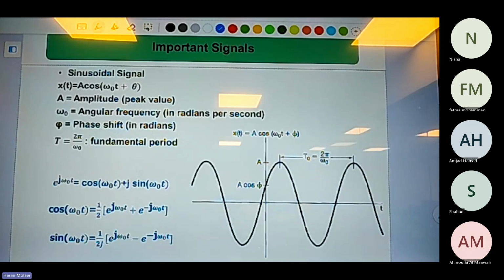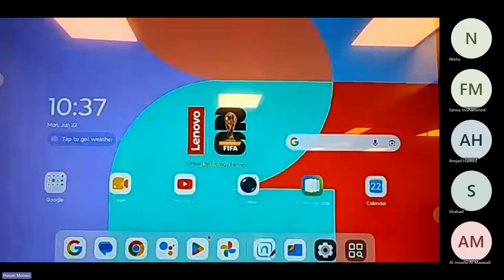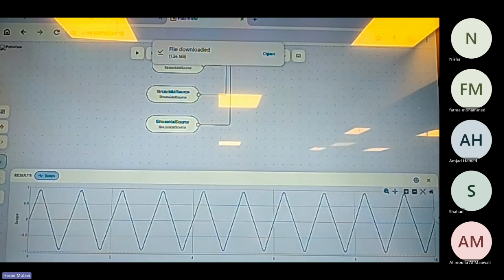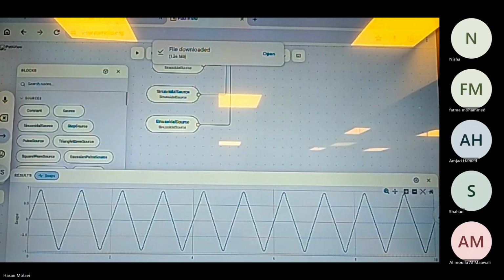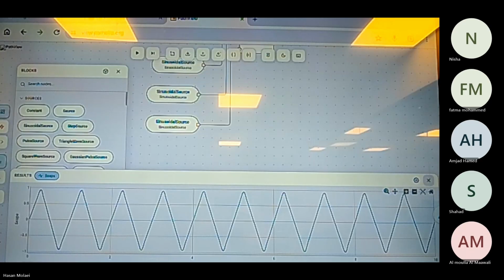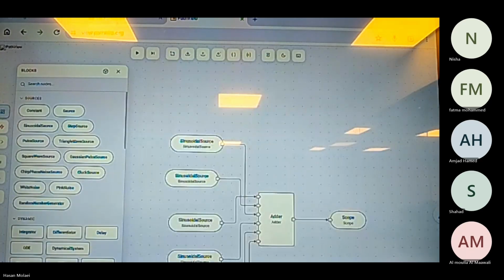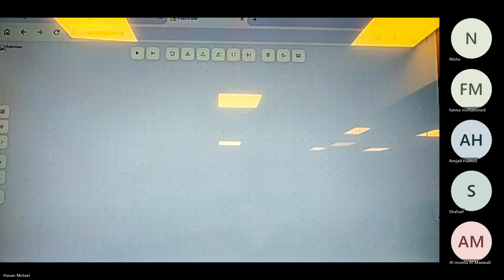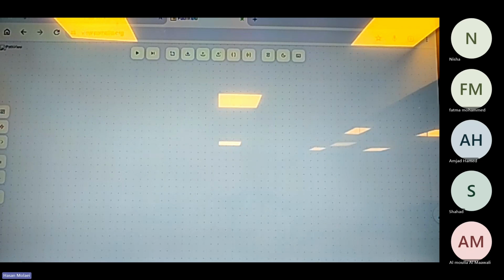Now I want to show you. For this course, we are using this simulation area, which is PathSim.